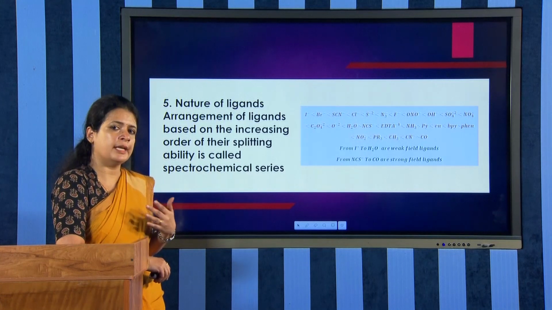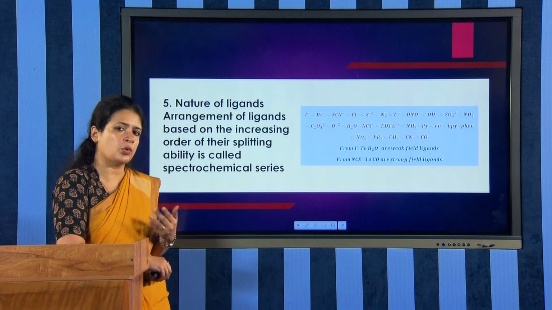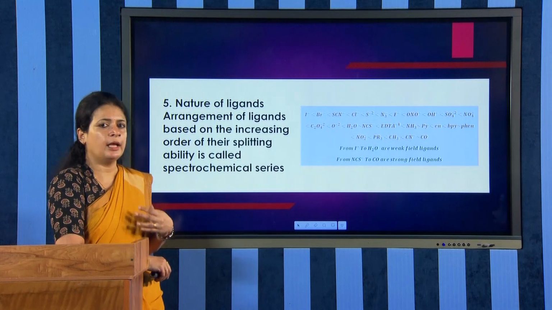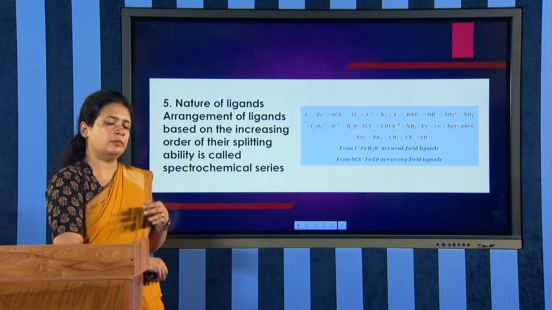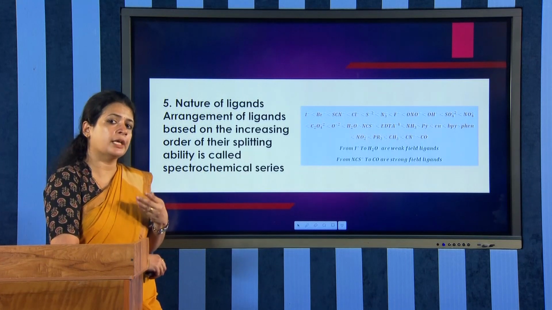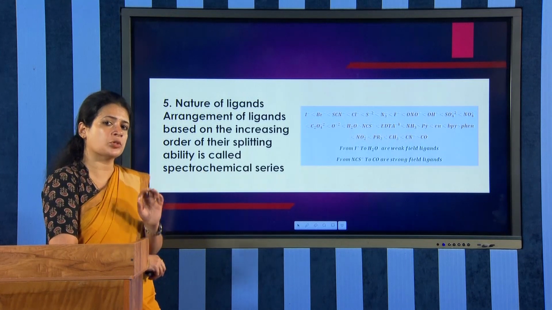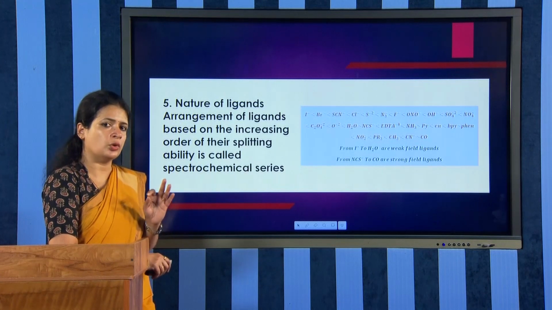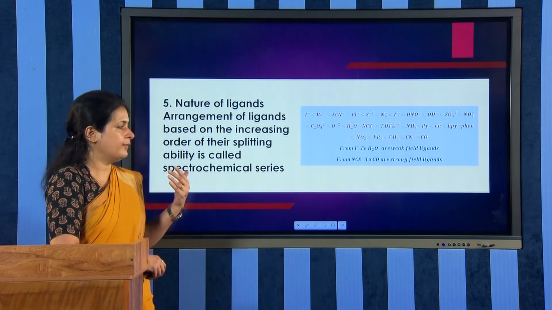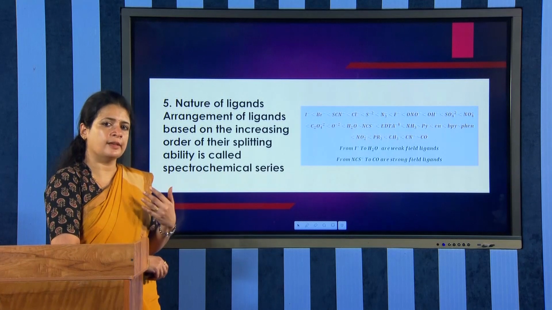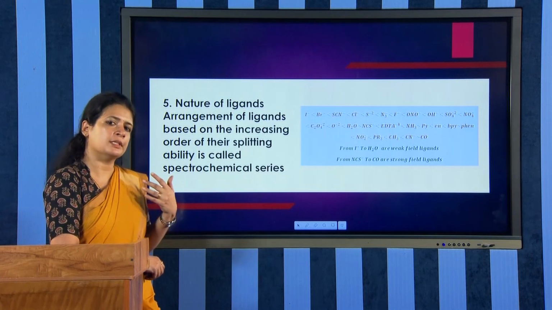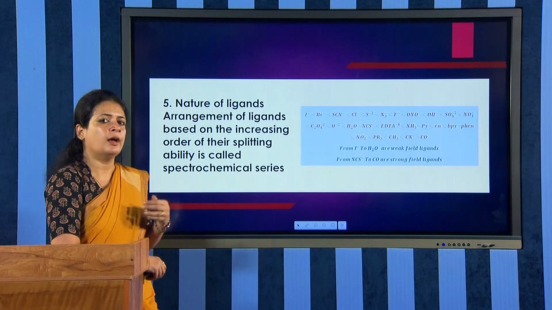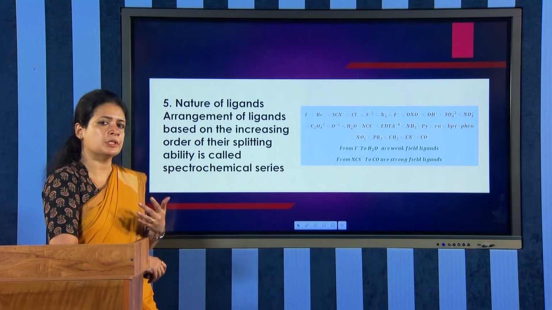In the d9 system, there is an unsymmetrical electronic arrangement in the eg orbitals, and when there is such an unsymmetrical arrangement, there will be a strong distortion, that is, strong Jahn-Teller distortion. Different factors that affect the crystal field splitting were discussed, and we have discussed the spectrochemical series, which is very important.